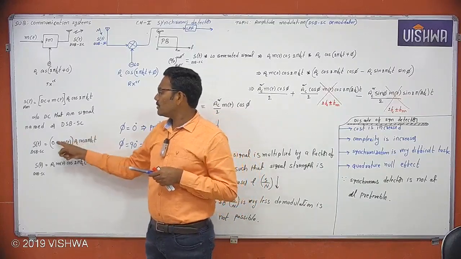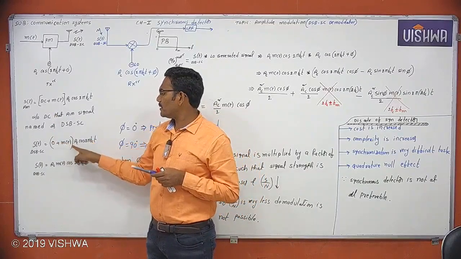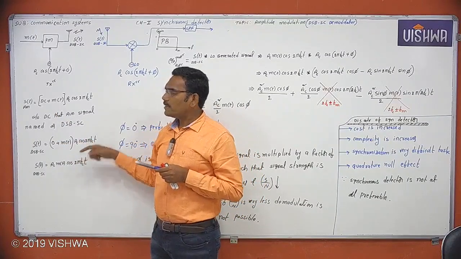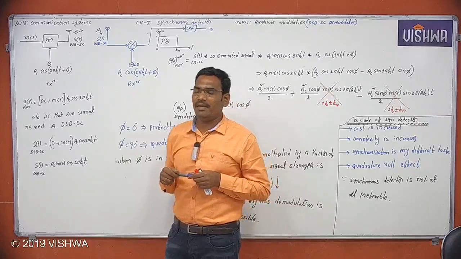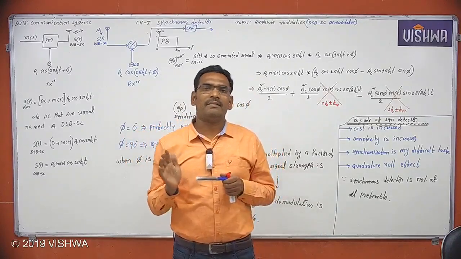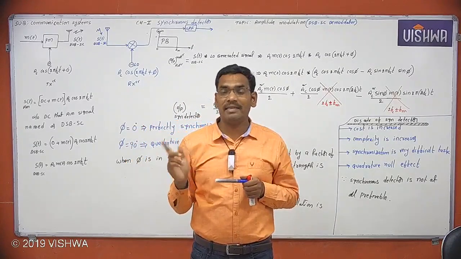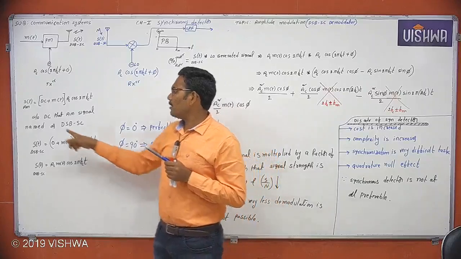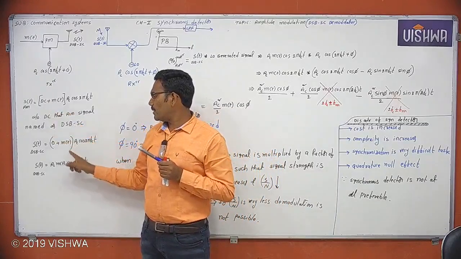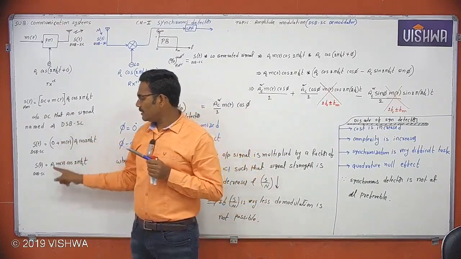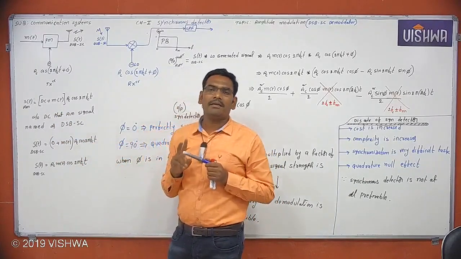So now DC is 0, the message signal multiplied with carrier. Earlier we called it AM. Message signal plus DC multiplied with carrier is an AM, provided the demodulator is an envelope detector. But here, DC is 0, message multiplied with carrier is an AM signal, but without DC, that AM signal is named double sideband.